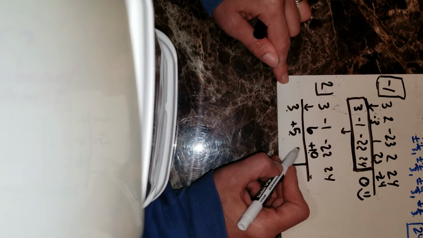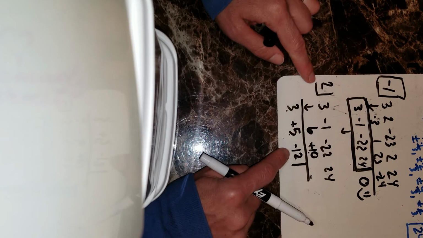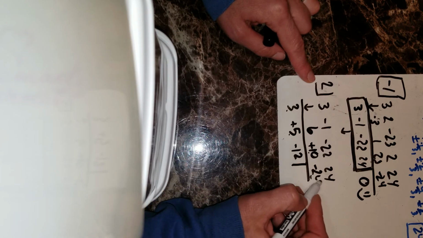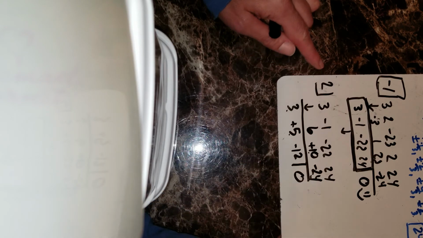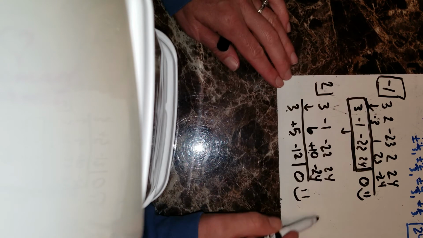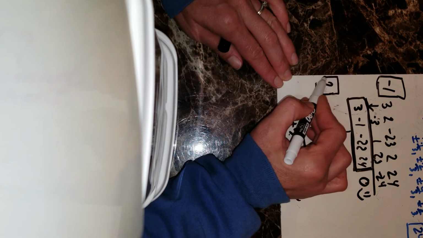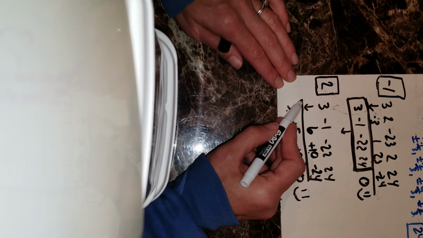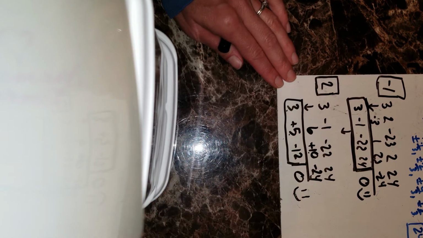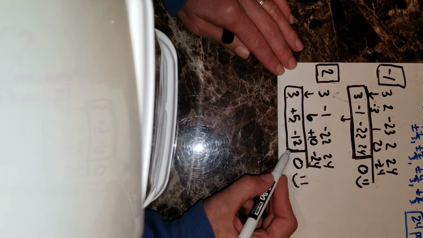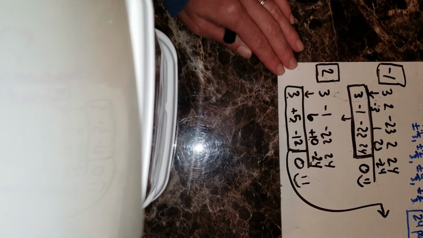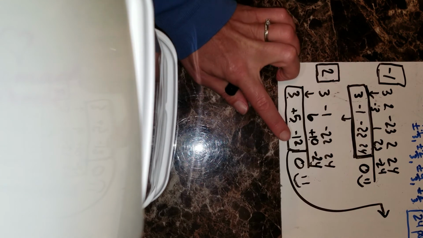Add negative 12, times negative 24. Add, you get 0. Oh, yay, we found another one. Got a 0 remainder. So box that in. And then now I'm going to bring this on over to here. So that's 3, 5, negative 12.